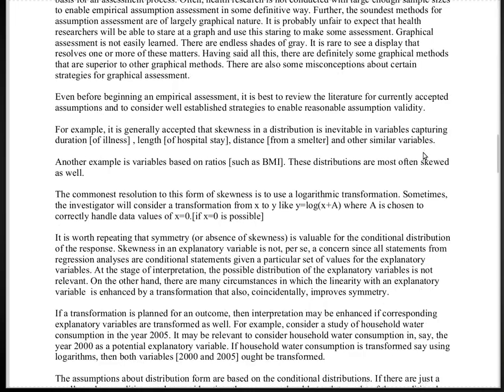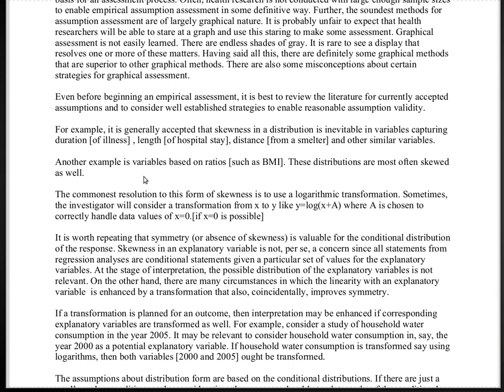Maybe the example I'll give is one where it is widely known that some distributions are skewed in ways that are quite serious. For example, duration data can be one of the most notorious: the duration in days of an illness, the length of stay in hospital. Distance data can also be in situations where the distributions are not symmetrical.